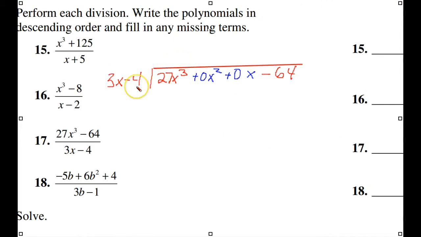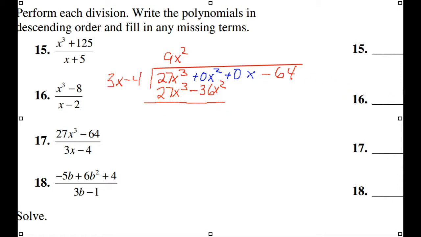Don't have to change positions. So 3x goes into there, 9x squared times. So 3x times this gives me my first term. Now 4 times this is a negative 36x squared.